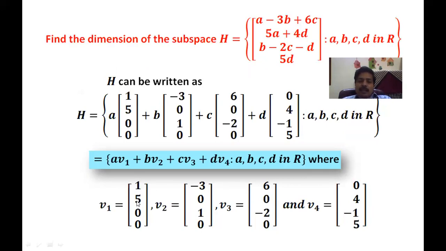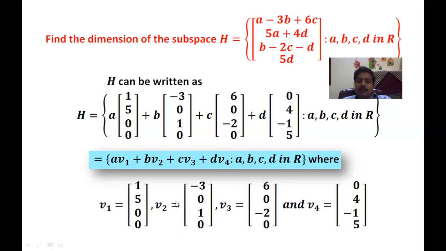And V2 is not a linear combination of V1. That is, you can't form this vector using this one. For any scalar multiple of V1, you can't get this one using this 0. So these two are linearly independent. And similarly, using V1 and V2, you can't get V4.